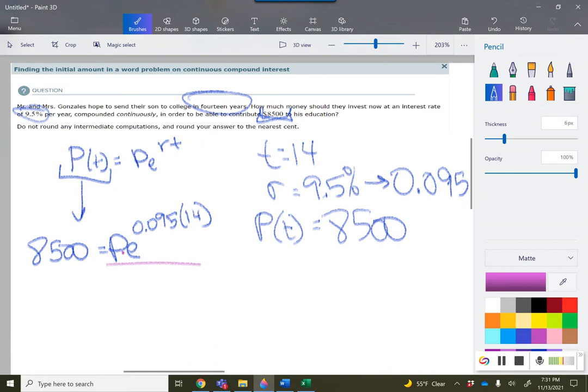So we are going to divide by everything that we want to get rid of in order to leave P alone. So I'm going to divide by e to the 0.095 times 14. So those reduce away. What I do to one side, I also do to the other.